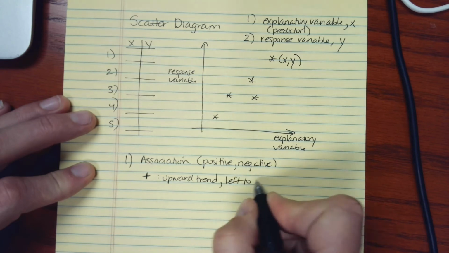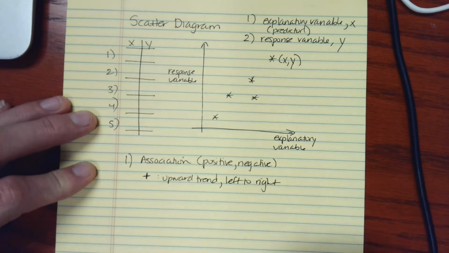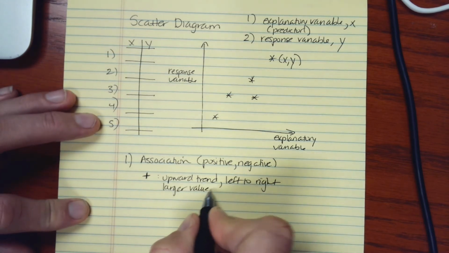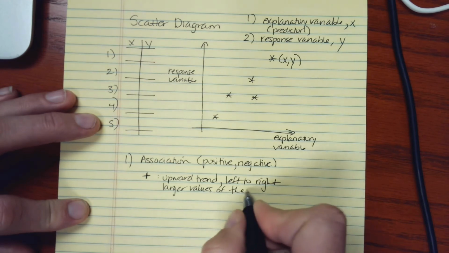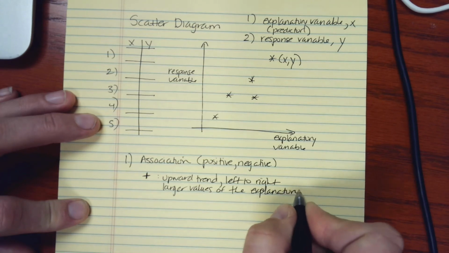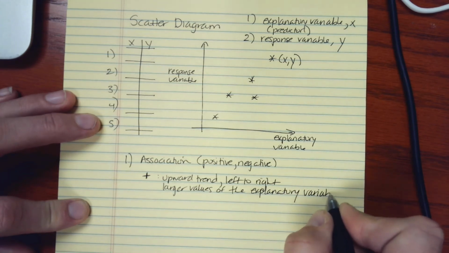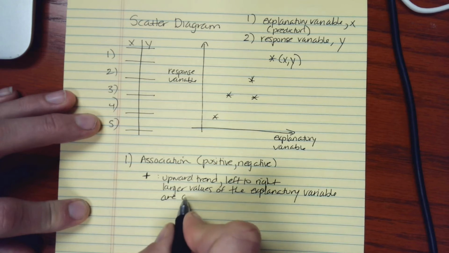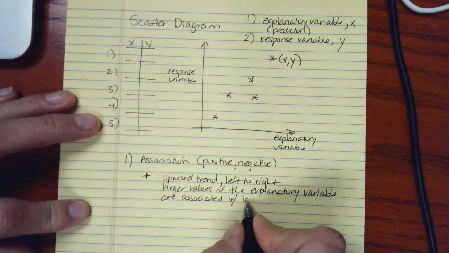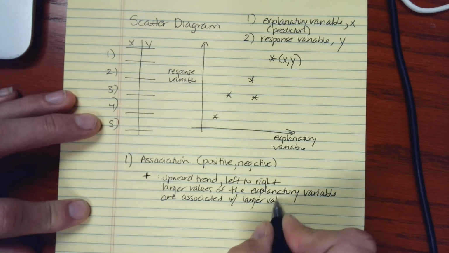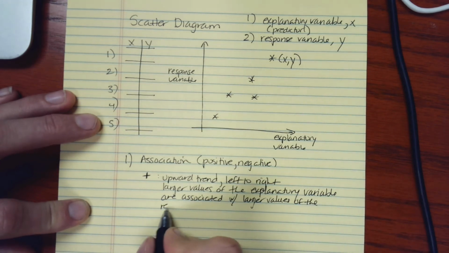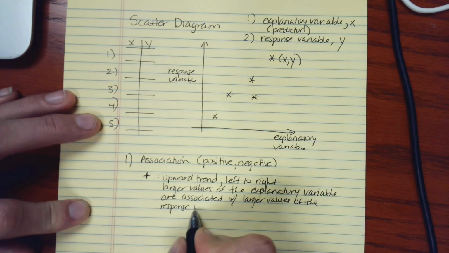Left to right. And this would mean that larger values of the explanatory variable are associated with larger values of the response variable.